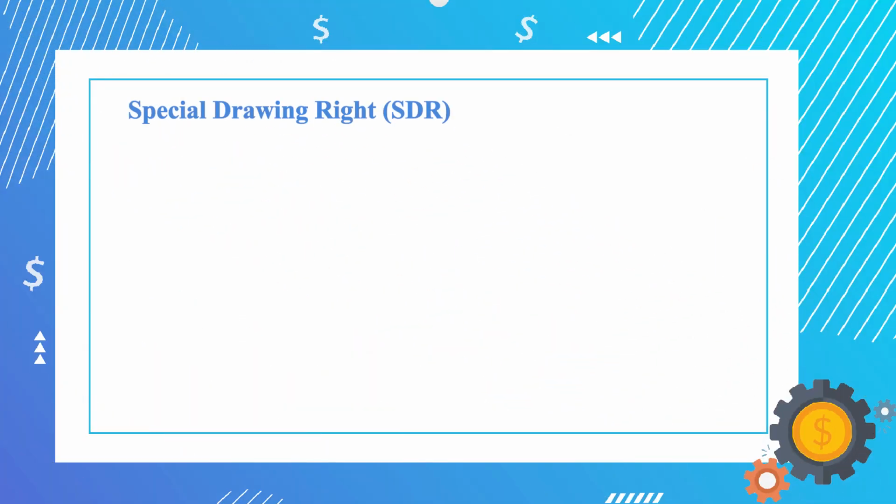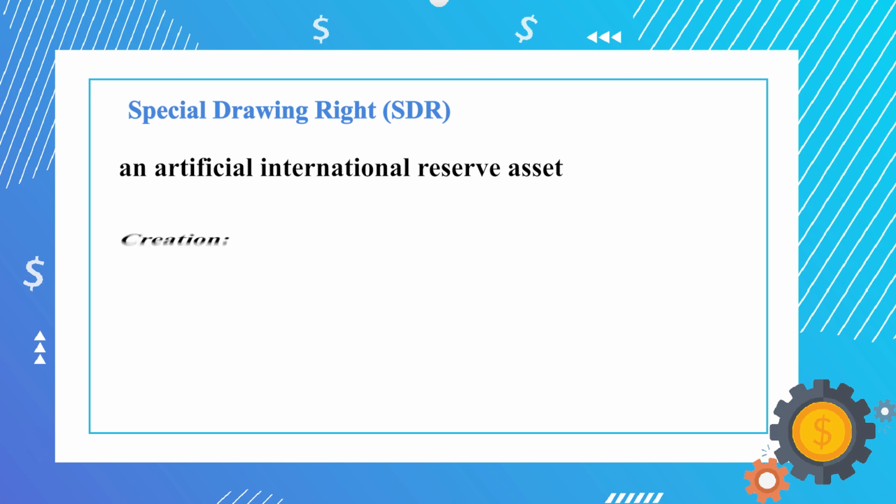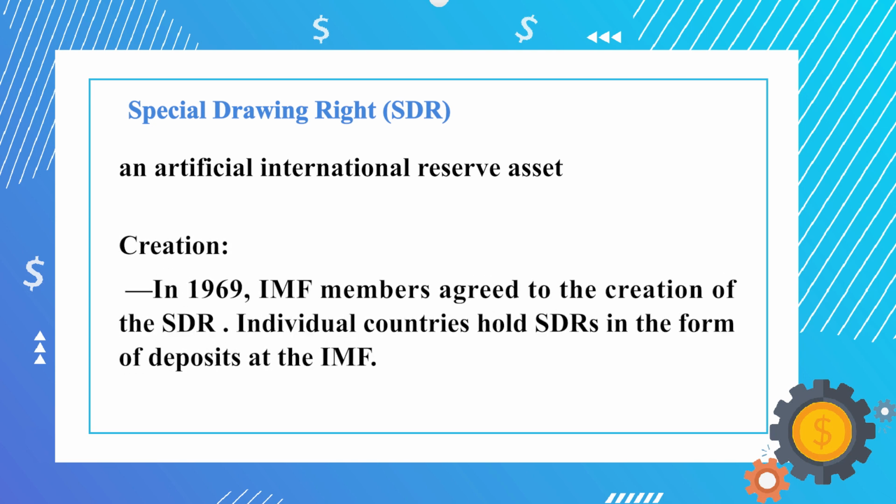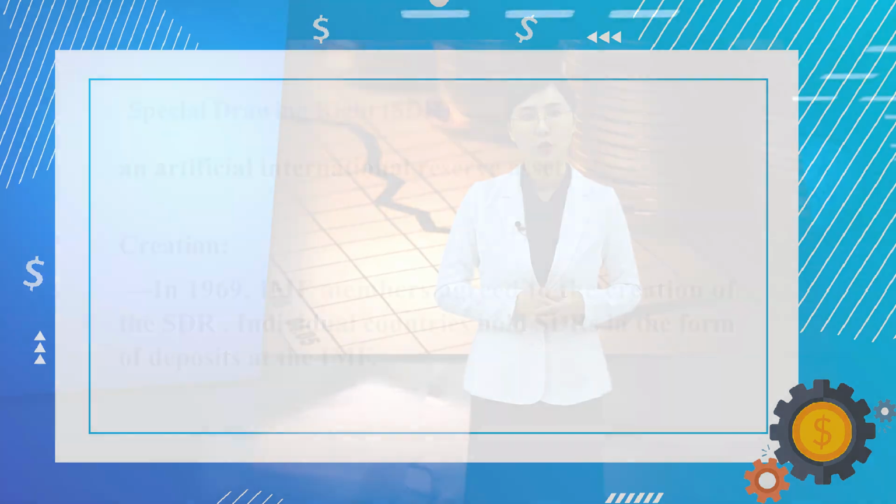To solve the Triffin paradox, Professor Triffin himself advised that the IMF issue its own currency, so special drawing rights were created in 1969. It's a kind of book asset, an artificial international reserve asset, a currency issued by the IMF.